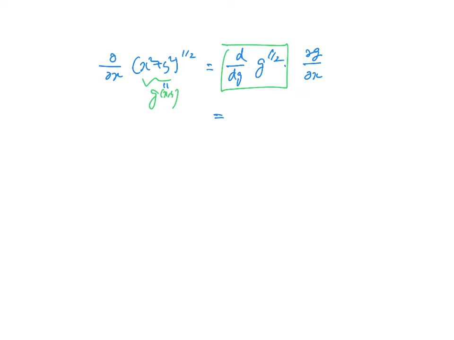This is 1 over 2 square root of g times partial of x squared plus y squared over partial x, and this is x over r, which is cosine theta.